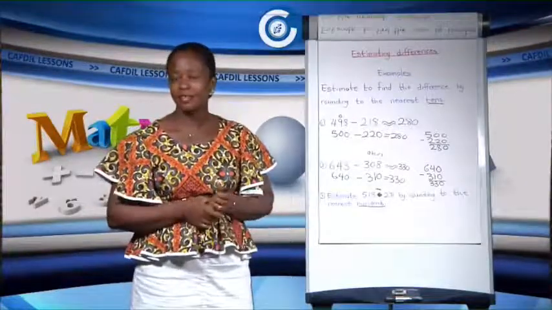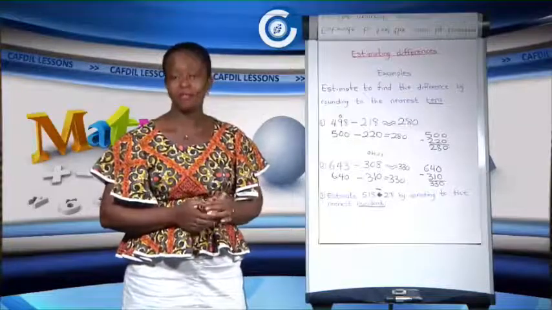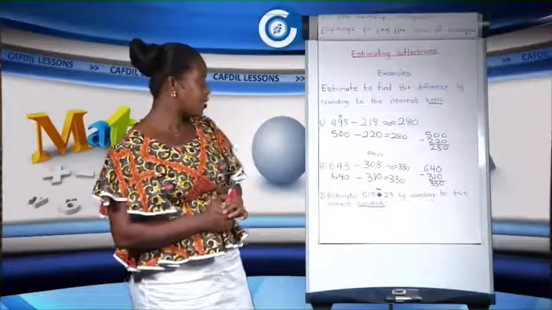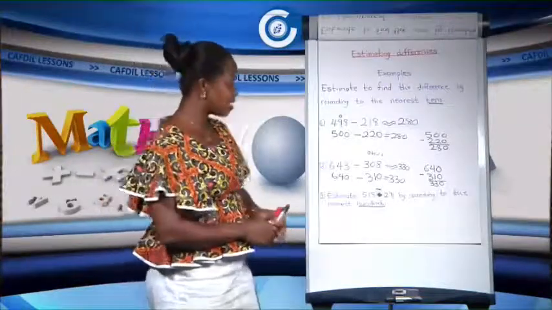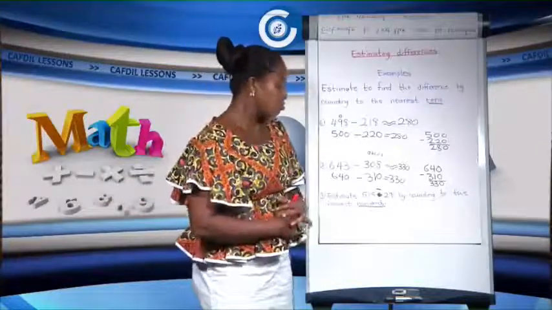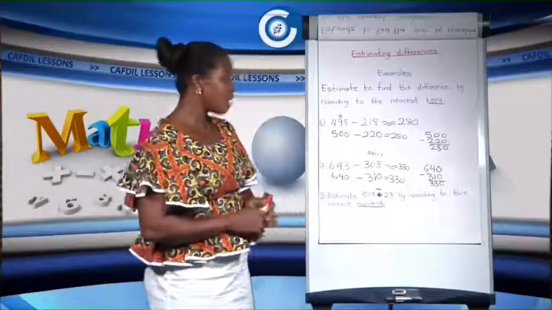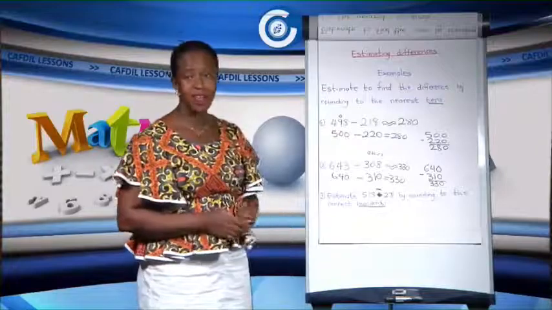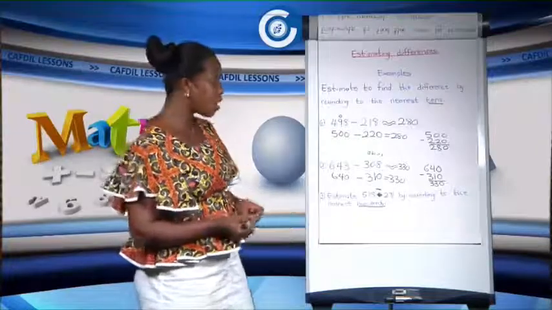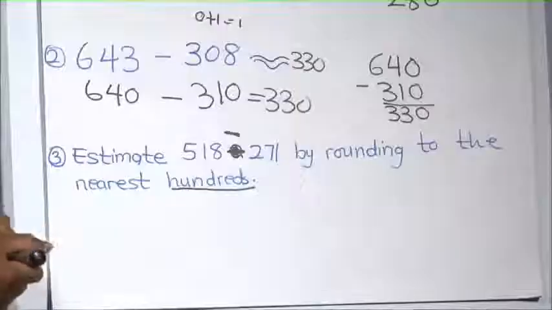Good. Your time is up. Let's do it together, my learners. Estimate 518 minus 271 by rounding to the nearest hundreds. As usual, we are going to round these numbers.